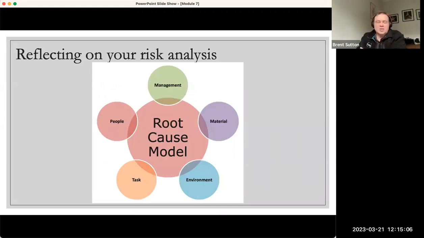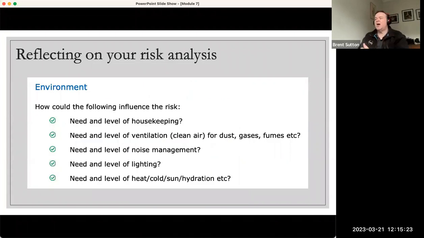And as part of that reflection process, you can also use a root cause model. And in that root cause model, we're not using the root cause to ask questions, we're using the root cause to seek clarification. So for example, I've got an example here of the environment.